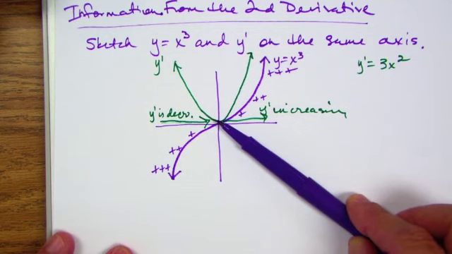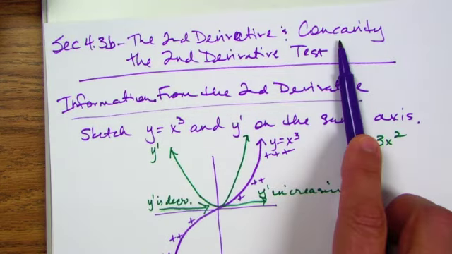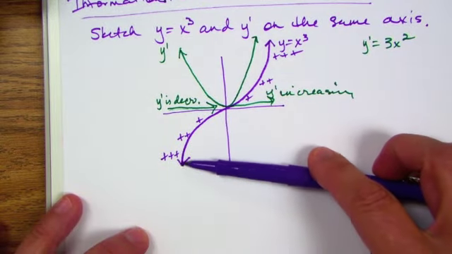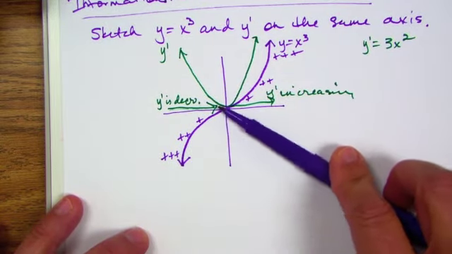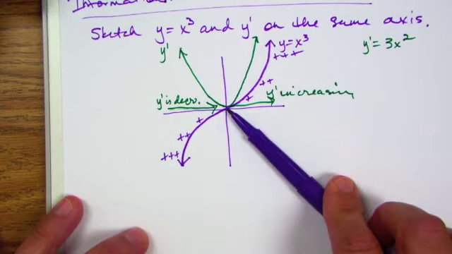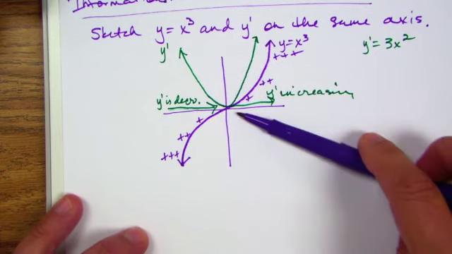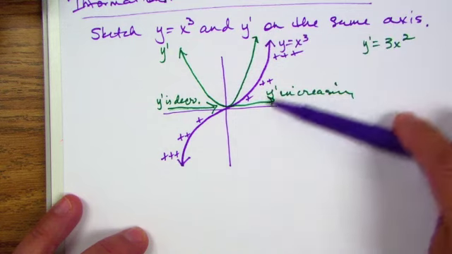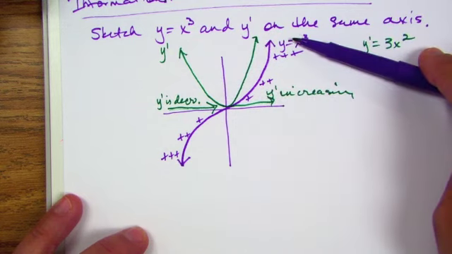Concave down, right? And there's a hint right here in the title of the lesson: concavity. So if my slope is decreasing, then my original curve will be concave down. If my slope is increasing, my curve will be concave up.